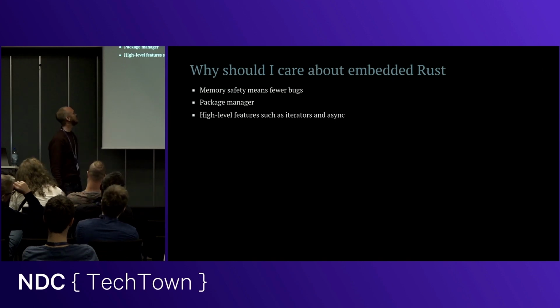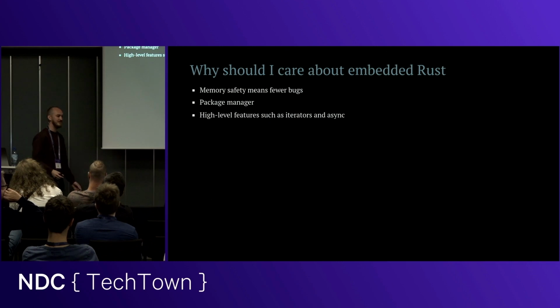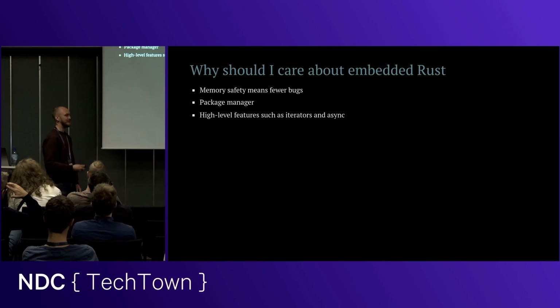High-level features. A lot of the inspiration in Rust is from functional programming. So if you've done Python and Haskell and stuff, you can use lots of those patterns in Rust on an embedded system, which is really cool. And async you can also do on embedded.